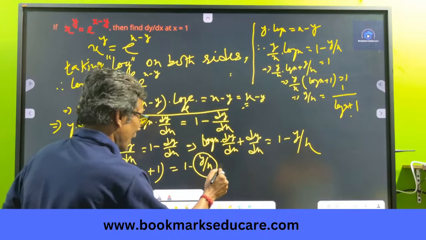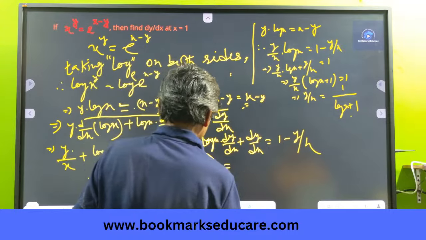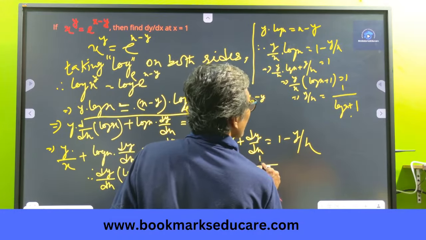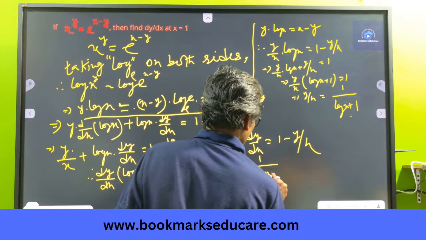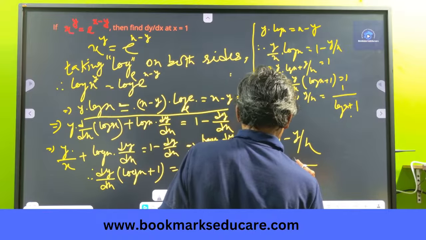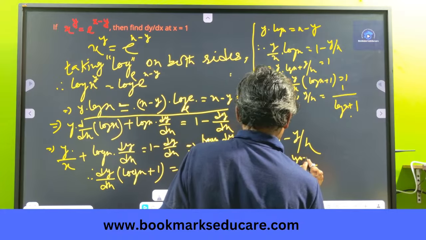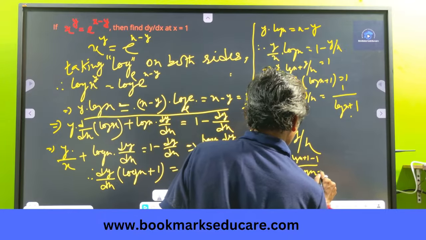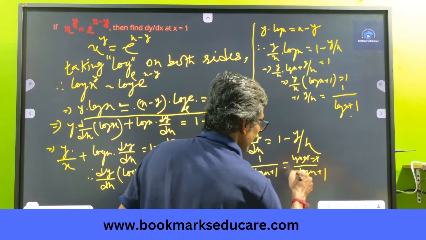So I have to put the value over here. So 1 minus 1 by log x plus 1. Simple. So log x plus 1 minus 1 by log x plus 1, so 1 will be eliminated.